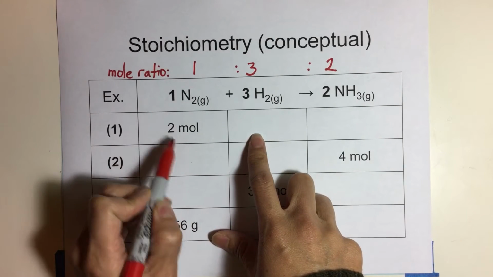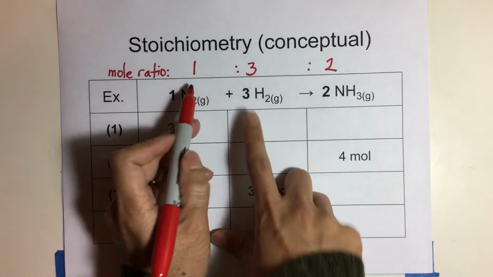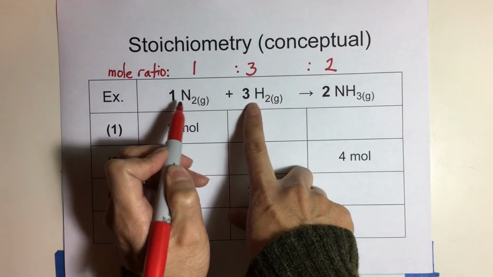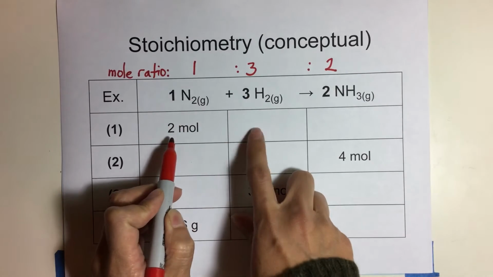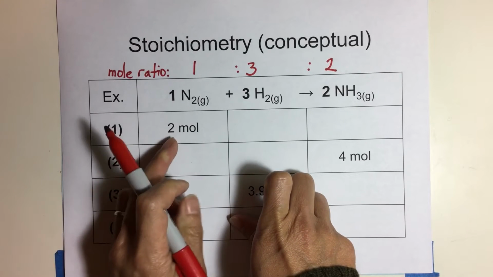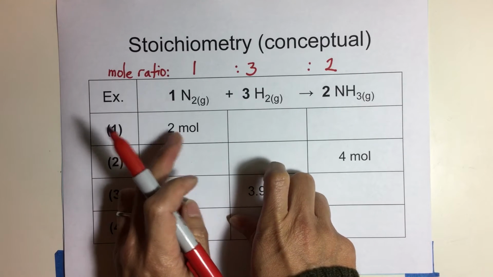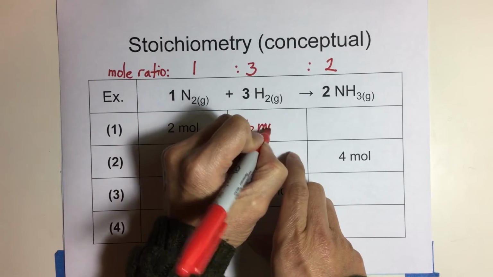Here we have 2 moles given to us of the nitrogen gas. To fit this ratio, let's work off of nitrogen and hydrogen. It's a 1 to 3 ratio. So to figure out how much hydrogen, you just take 3 times the amount of nitrogen. So 3 times this amount is 6 moles.